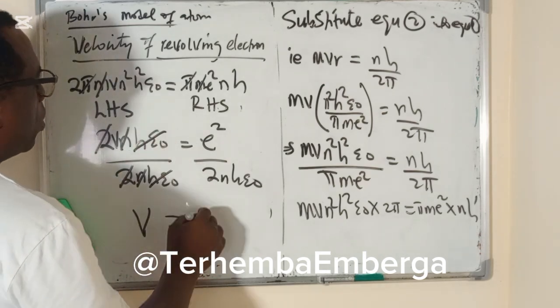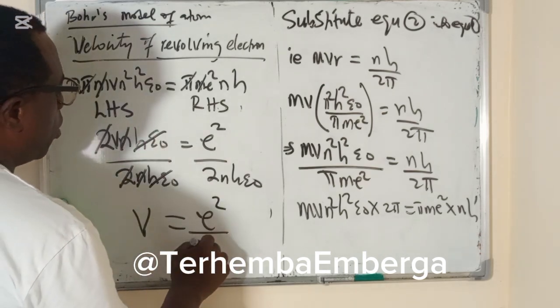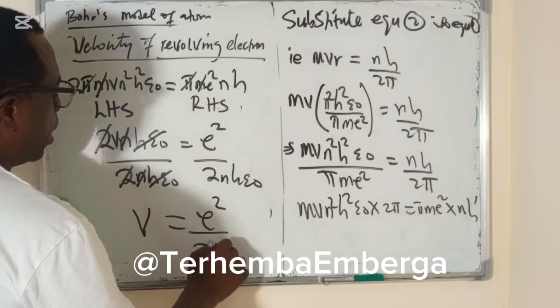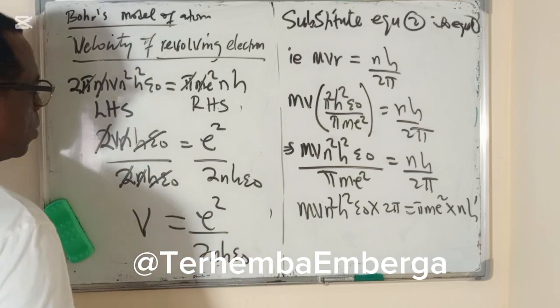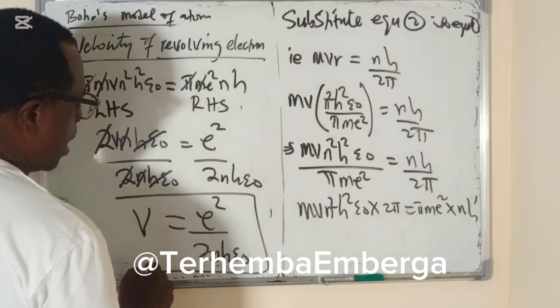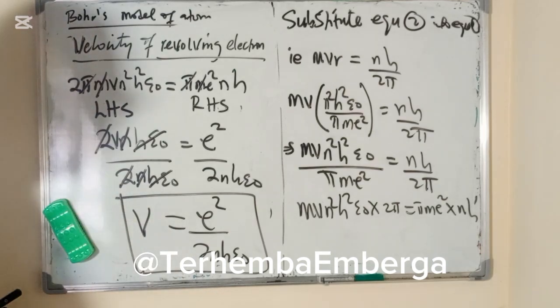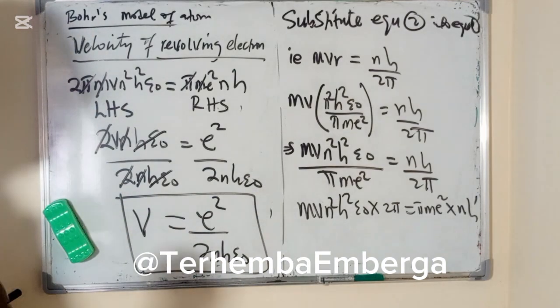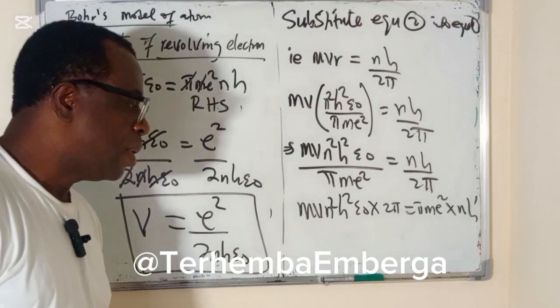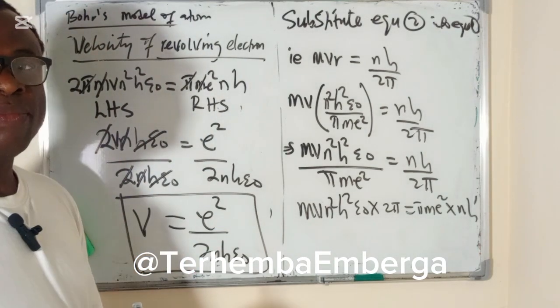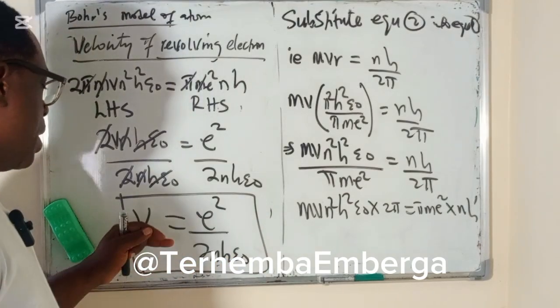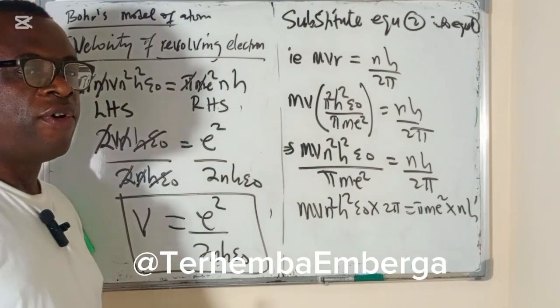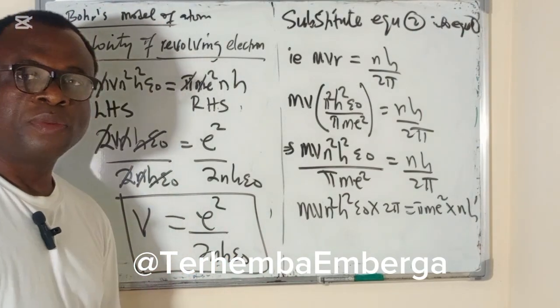And v now will be equal to e squared all over 2 n h epsilon naught. And this is a formula to calculate the velocity of a revolving electron. So in our next class, we'll be using this formula to calculate the velocity of a revolving electron. Thank you.